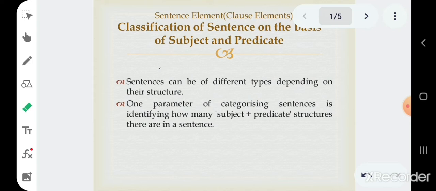Now in this whole chapter, we are going to see what parts we use in the sentence. As I taught you earlier, there are 5 elements in a sentence. First is the subject, second is the verb, third is the object, fourth is complement, and fifth is adverbial.